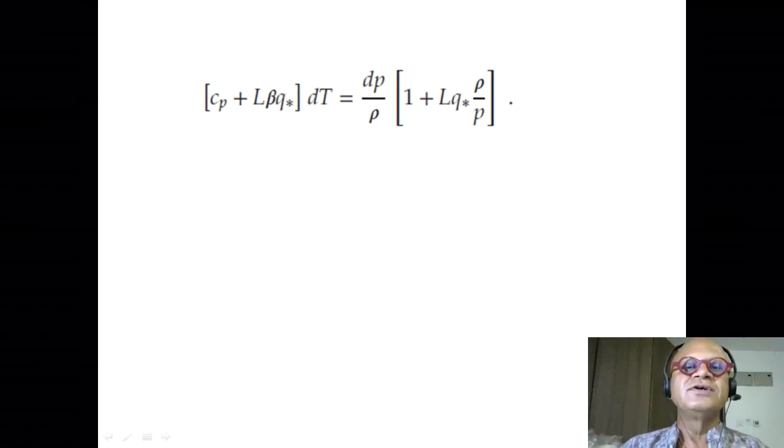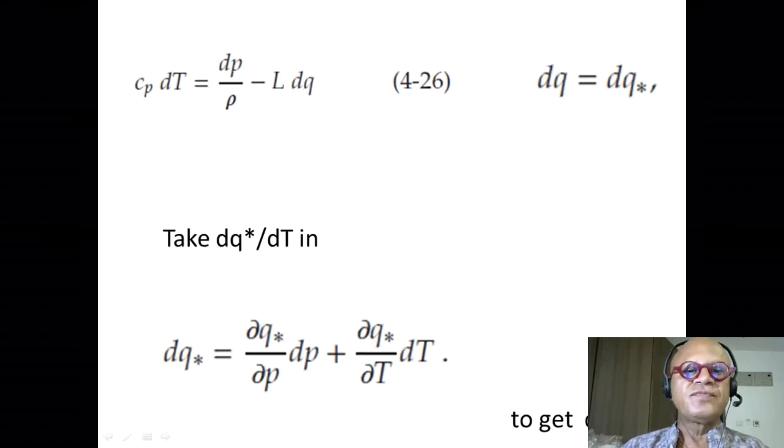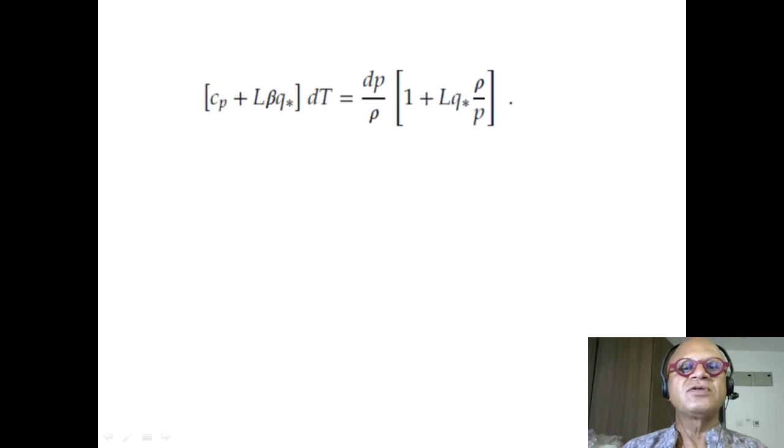Manipulate, go easy on yourself and make sure you follow the steps. What do you get? Plugging into this relation, Cp dT equals minus dP over rho minus L dQ, you get Cp plus L beta Q star times dT equals dP over rho times 1 plus L Q star rho over P. We're just manipulating the relations using the ideal gas law and so on.